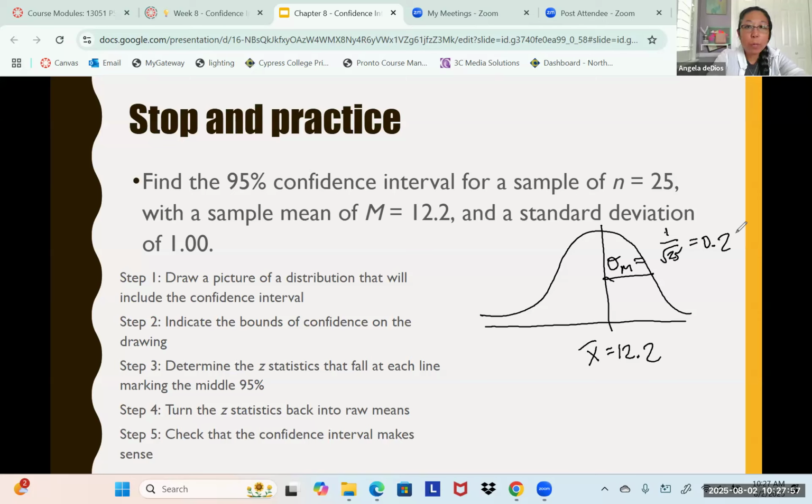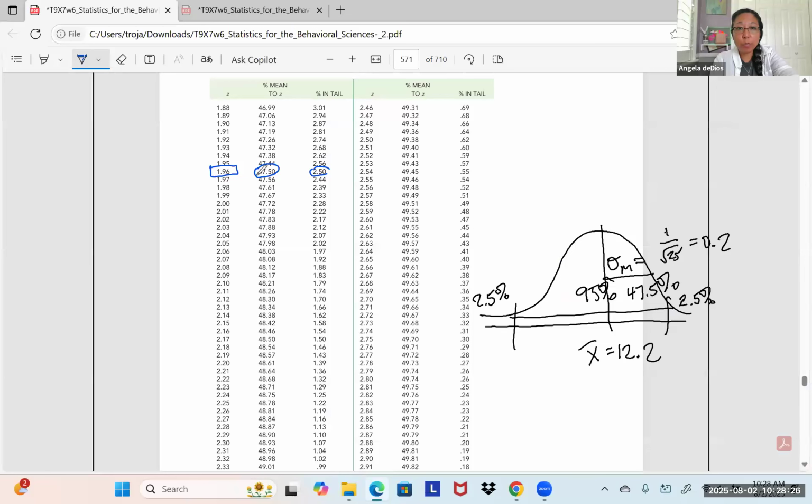Okay, we want a 95% confidence interval. And so then this is 2.5%, and this is 47.5%. And then I need to find my z statistics, which we know from our table is 1.96.